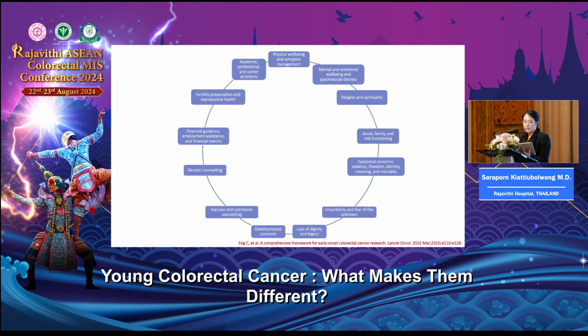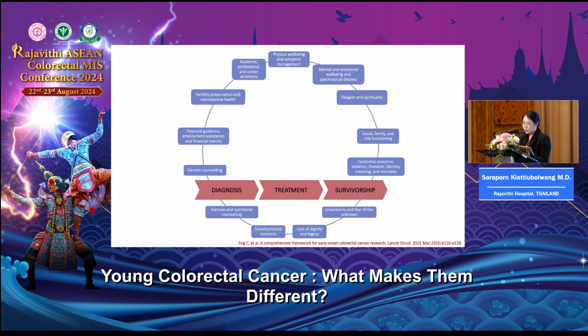And when you really get to know your young onset patient, you will see that from the moment the patient is diagnosed with cancer, the multidisciplinary team steps in, guiding them through the treatment, surgery, and follow-up after that.